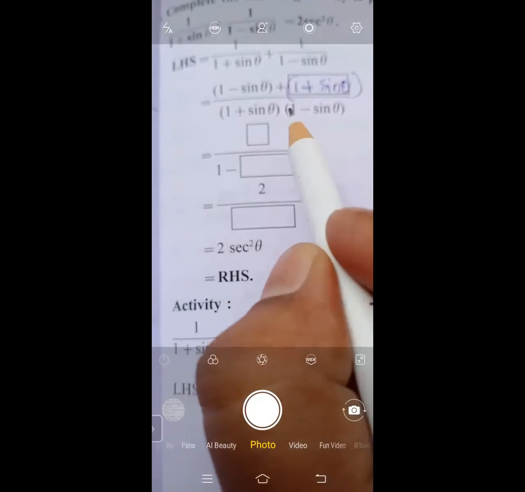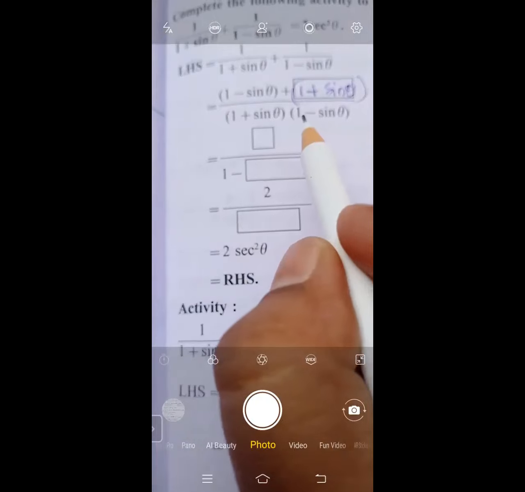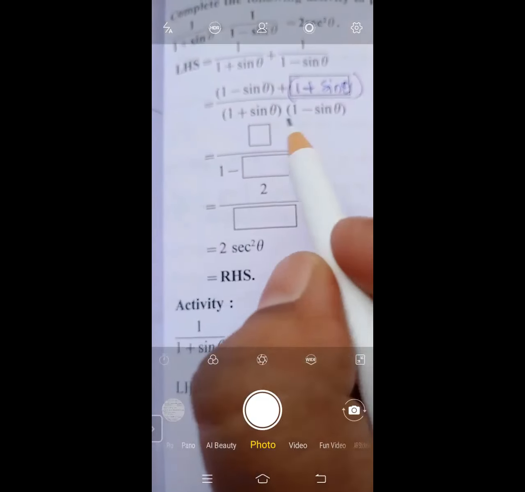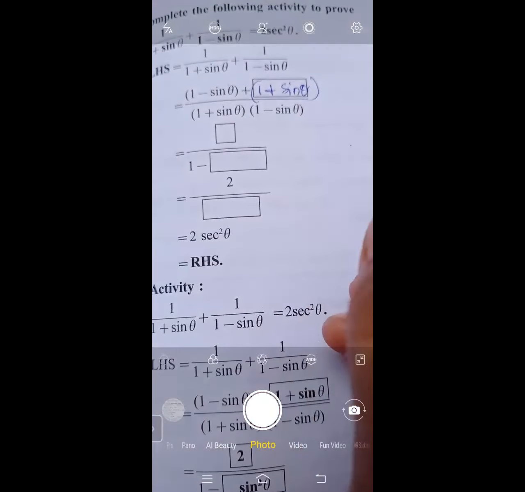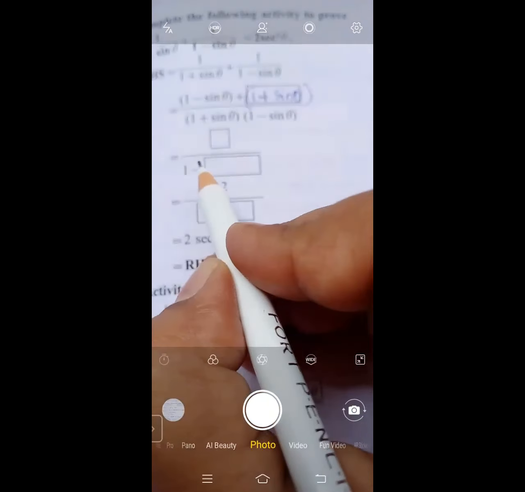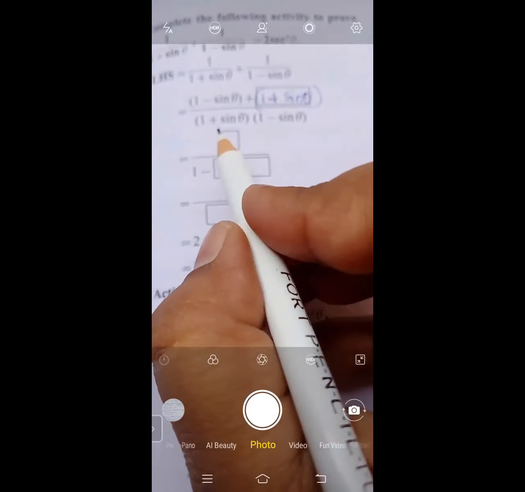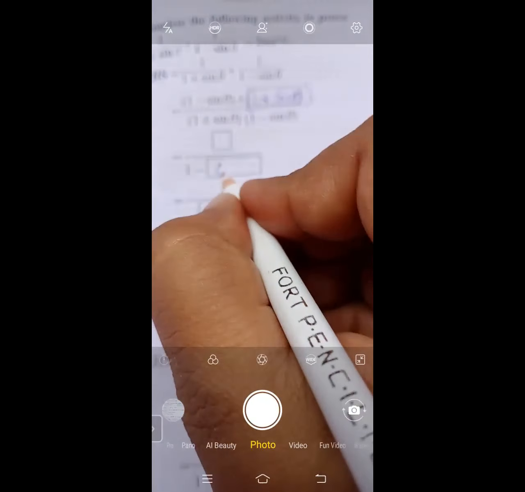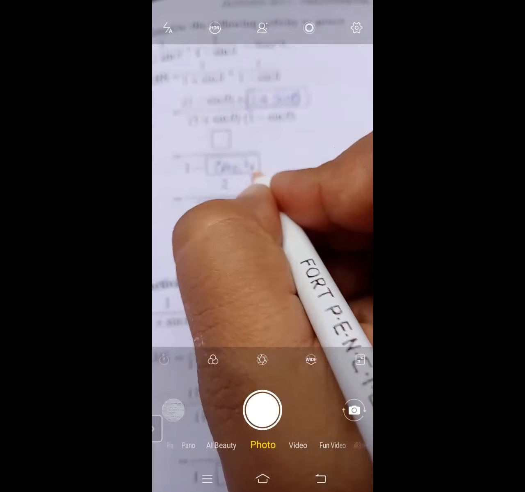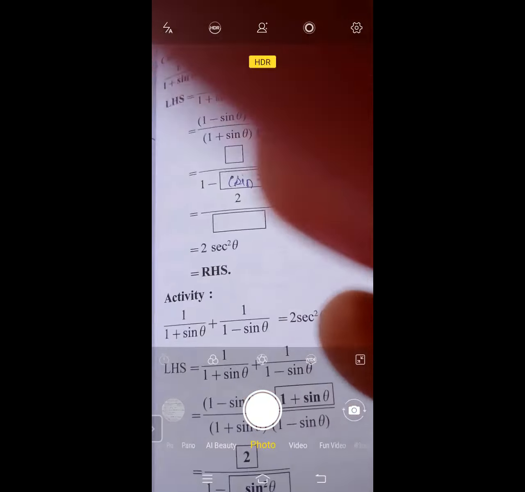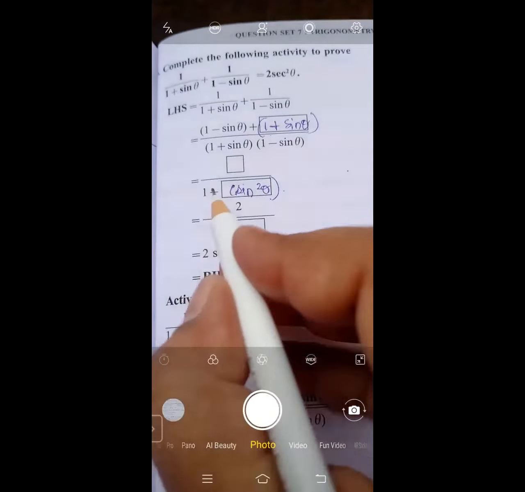Now, as it is 1 plus sine theta and 1 minus sine theta, we can use the identity a plus b, a minus b. Okay, so it is a square minus b square. So it will be sine square theta. Okay.